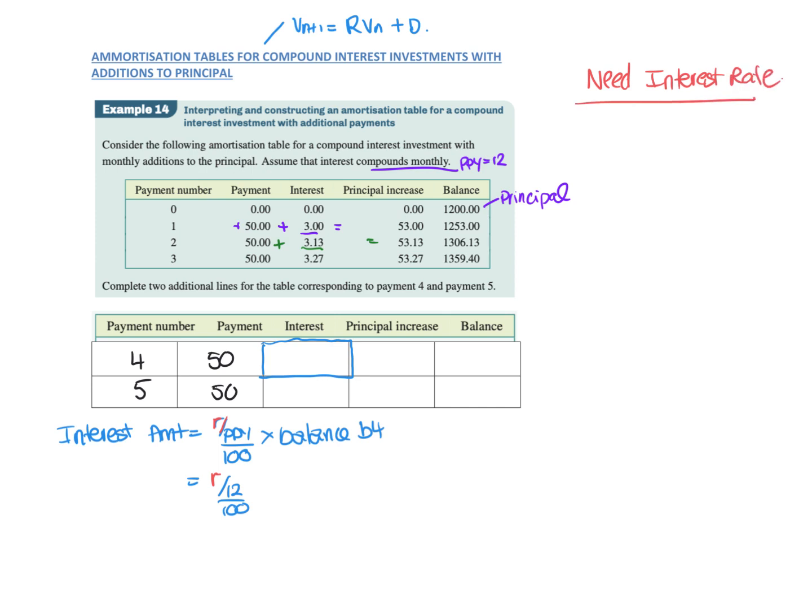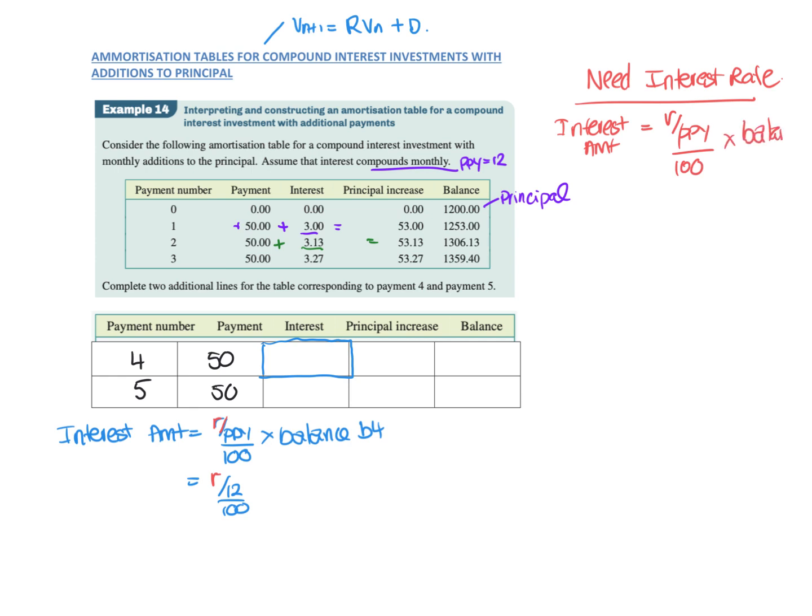For the interest rate, you can use the same formula: the interest amount must have equaled the rate over PPY over 100 times the balance before.